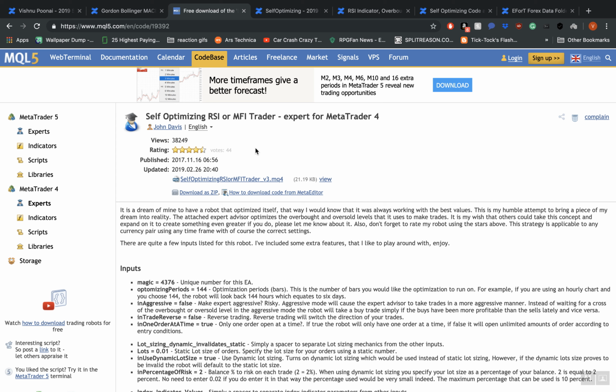What this trader does is use the RSI or MFI indicators, and it makes buy and sell trades depending on whether these indicators indicate overbought or oversold positions. And it also goes one step further than that.